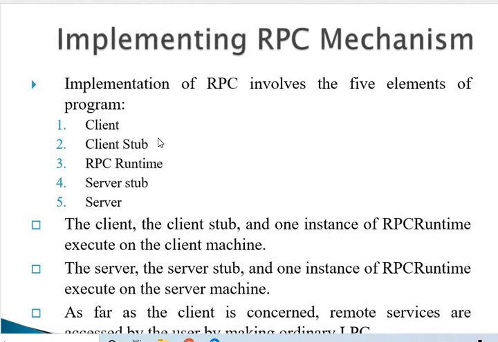We saw that an RPC involves a client process and a server process. Therefore, to conceal the interface of the underlying RPC system from both the client and server processes, a separate stub procedure is associated with each of the two processes.